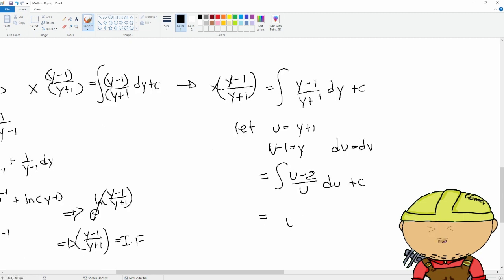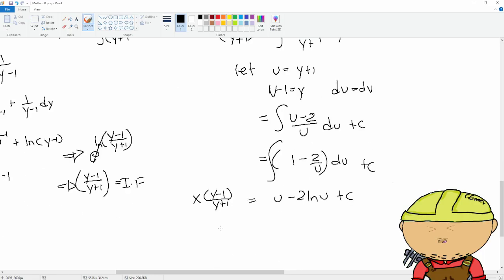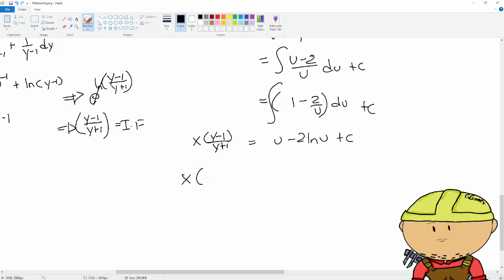Integrating (u minus 2) over u, or 1 minus 2 over u, du plus c. Integrating gives u minus 2 ln u plus c. So x times (y minus 1) over (y plus 1), I simplify further. x(y minus 1) over (y plus 1) is equal to y plus 1 minus 2 ln(y plus 1) plus c.